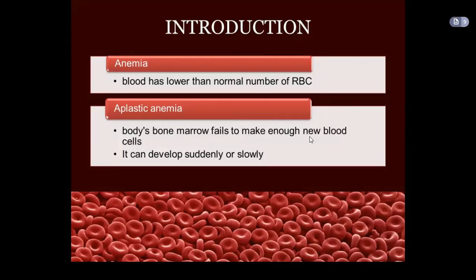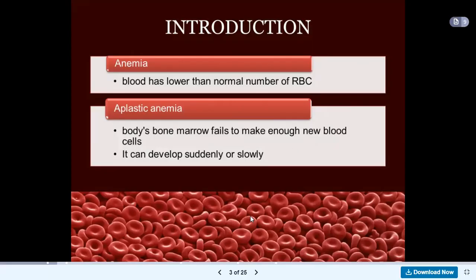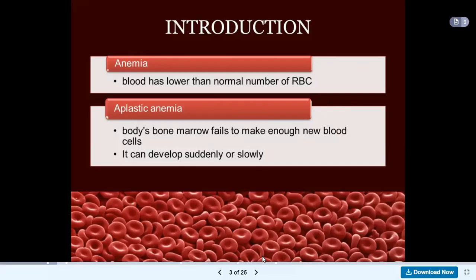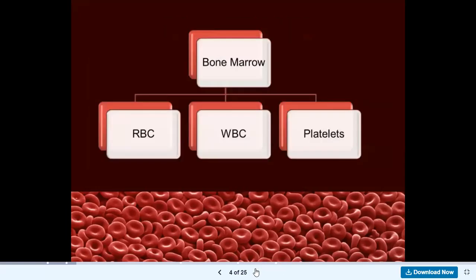We call that aplastic anemia, and it can develop suddenly or gradually. Anytime you see a patient with low red blood cells, low white blood cells, and low platelets, you should suspect that the patient has aplastic anemia.